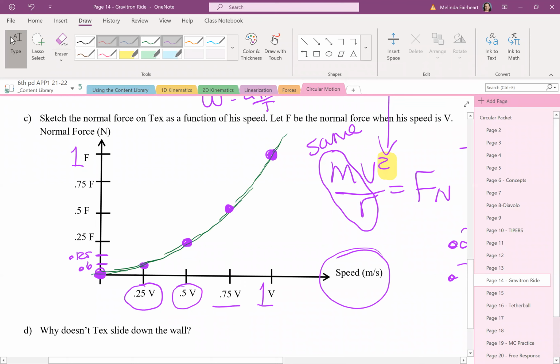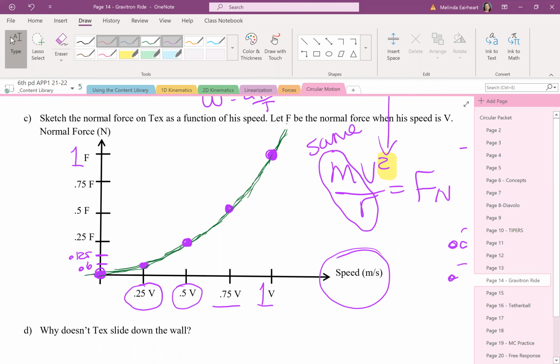I would do a light, not that I'm trying to be artistic, but you want to fit a good trend. And if you are in pencil, and you're like, oh, but it says use pen, by the way, on the physics exam, you can use pencil. Make sure your markings are dark enough, but you can trace over that with pen at the end if you're worried about it fading. And so we get this parabolic relationship.